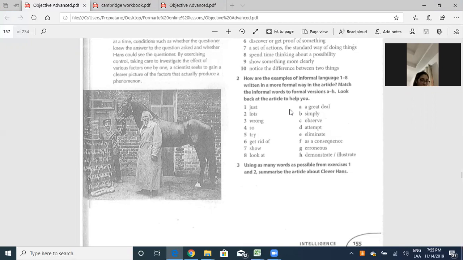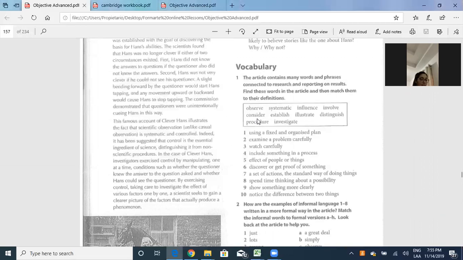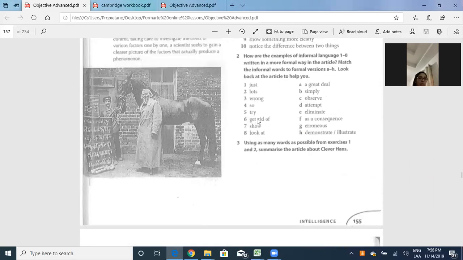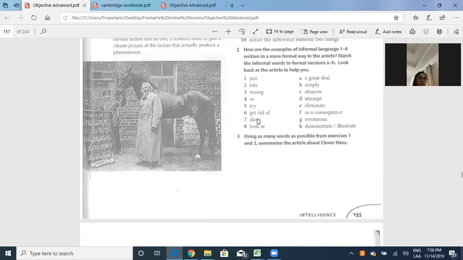Did you say this one? A great deal? Yeah, that's the one. So that's the meaning of lots, a great deal. Remember in this context, right? Because we can say lots of, but in this case, lots means a great deal. Okay. Then number 3, wrong. Erroneous.